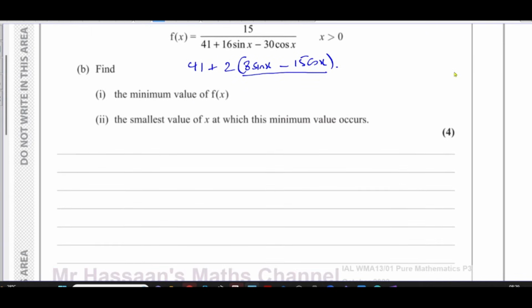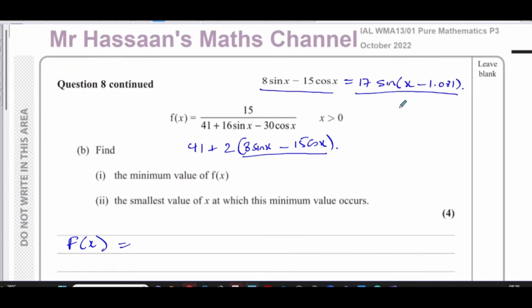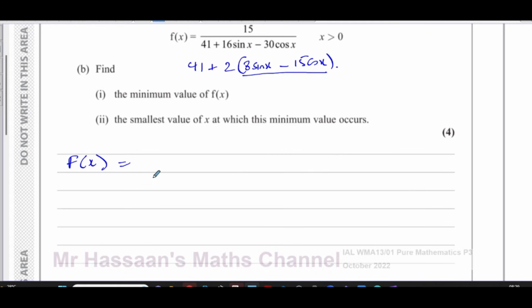So what I can do is say that f of x can be rewritten in a way that will make life a bit easier for me to work out its minimum value and to work out the smallest value of x at which this occurs. If I write it in this form, you'll understand how it makes life easier. So this is like 15 over 41 plus 2 times 8 sine x minus 15 cosine x.